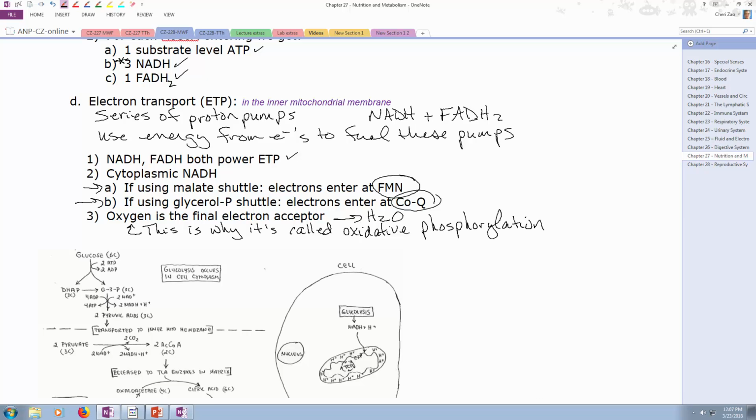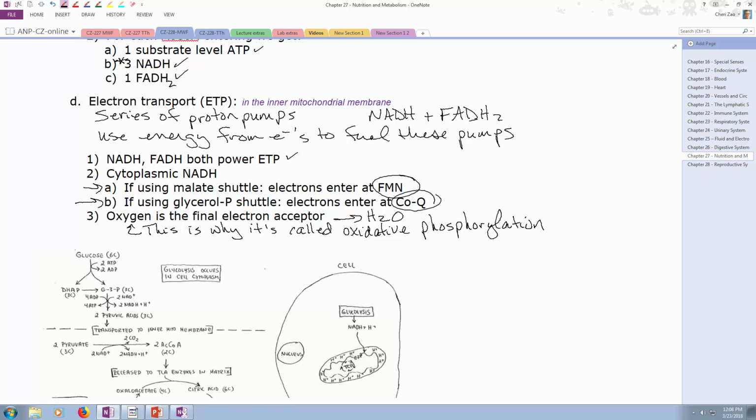So one of the things about this process is that energy is neither created nor destroyed. Correct? You guys learned that a long time ago. So electrons are going to share their energy, but they are not going to be destroyed. And what's going to be interesting about these proton pumps, the electron on one is going to be transferred to the next proton pump, which it will fuel, which will then be transferred to the next proton pump, which it will fuel, and the electrons will finally be transferred to an oxygen atom with the presence of a couple of protons to make water.